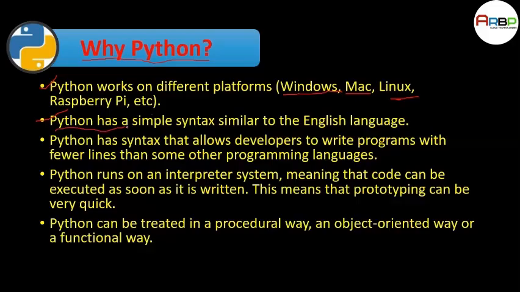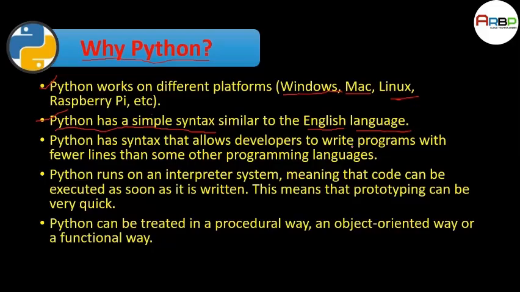Python has a simple syntax similar to the English language. Python has syntax that allows developers to write programs with fewer lines than some other programming languages. It makes the program short, which makes it easy for the programmer to understand.